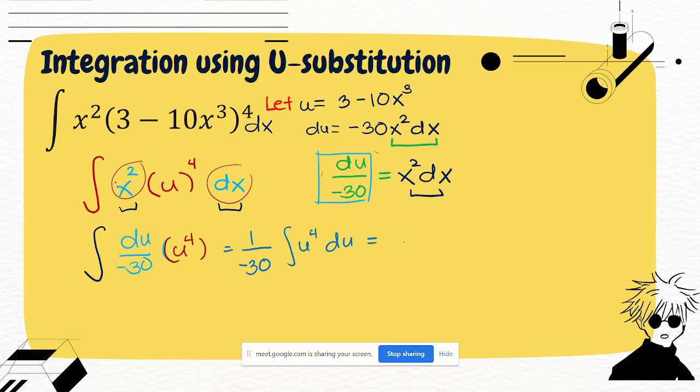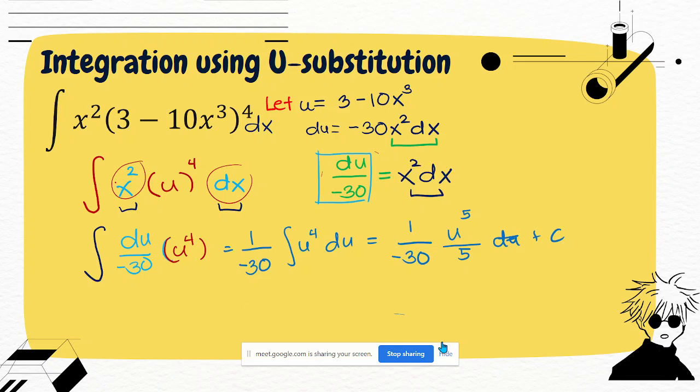Mentally, you know this is equal to 1 over negative 30 multiplied by u raised to 5 over 5, plus c.